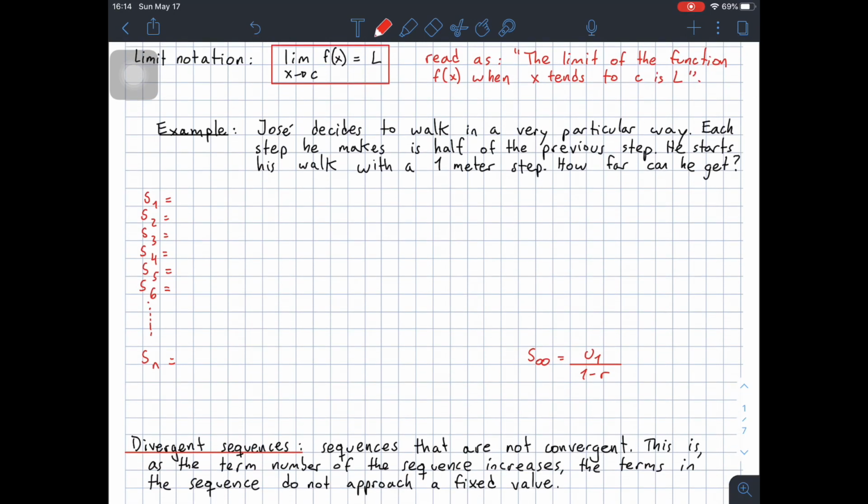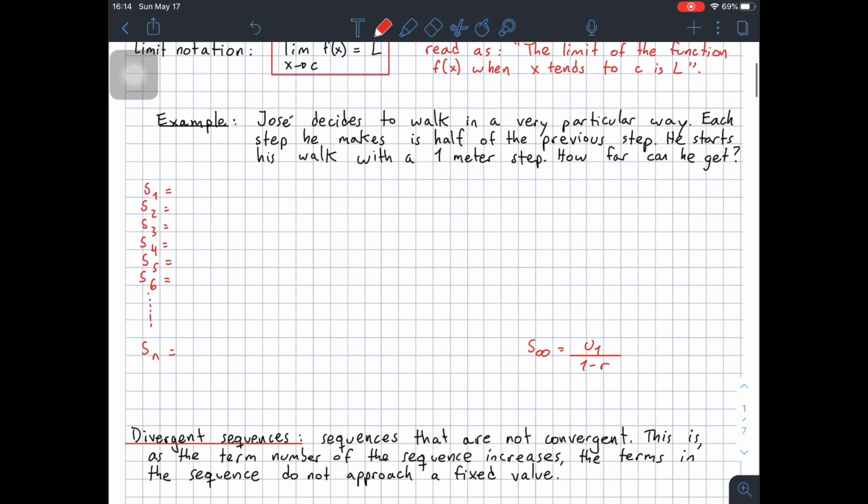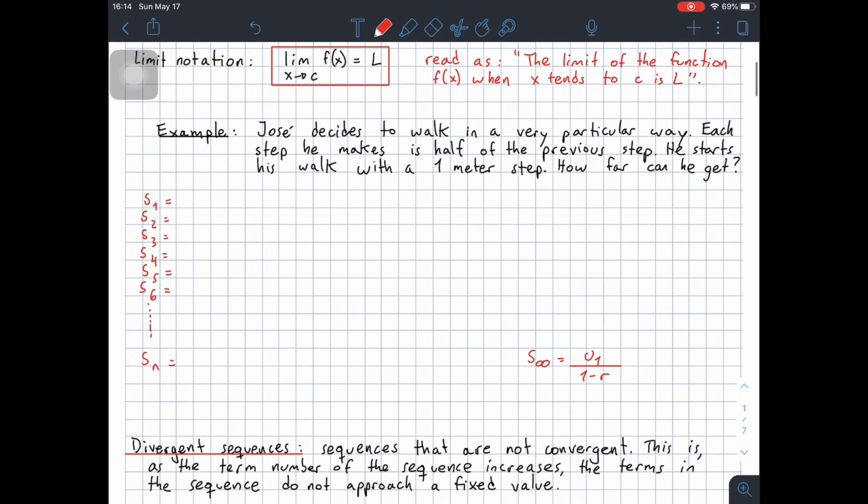For the first step, I'm going to be finding all of the different sums of my steps because I want to know how much I walked in total. So I'm going to be finding S, which is the sum of the different terms of a geometric sequence in this case. If I start with 1 meter, then S1 would be 1. I walked 1 meter in total.